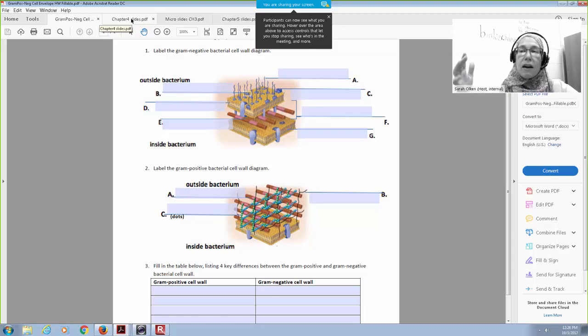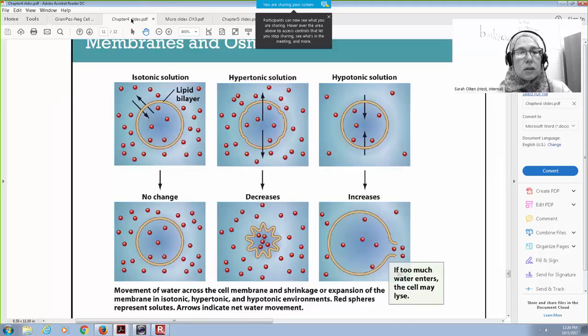And because of that, they have to be able to persist and actually grow and thrive in environments like the ocean, where there's a very high amount of solutes outside of the cell, so it's a hypertonic environment, or in freshwater. Most environments are hypotonic, very little solutes outside of the cell, very dilute. So in that case, let's look at this figure from chapter 4.